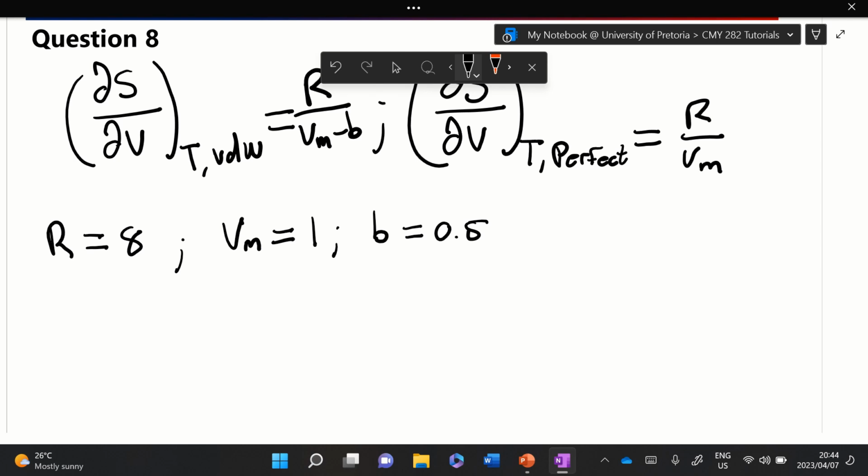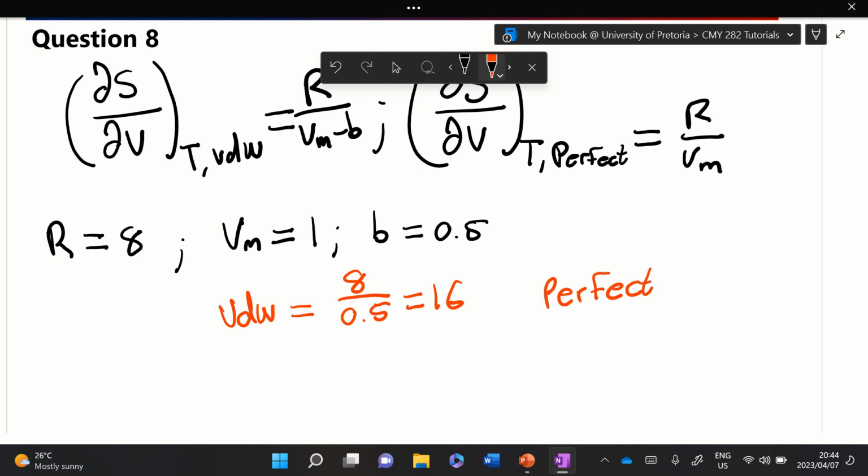For the van der Waals gas, it is 8 over 0.5, which is 16. For the perfect gas, it is 8 over 1, which is just 8. So you can see the van der Waals gas is larger.